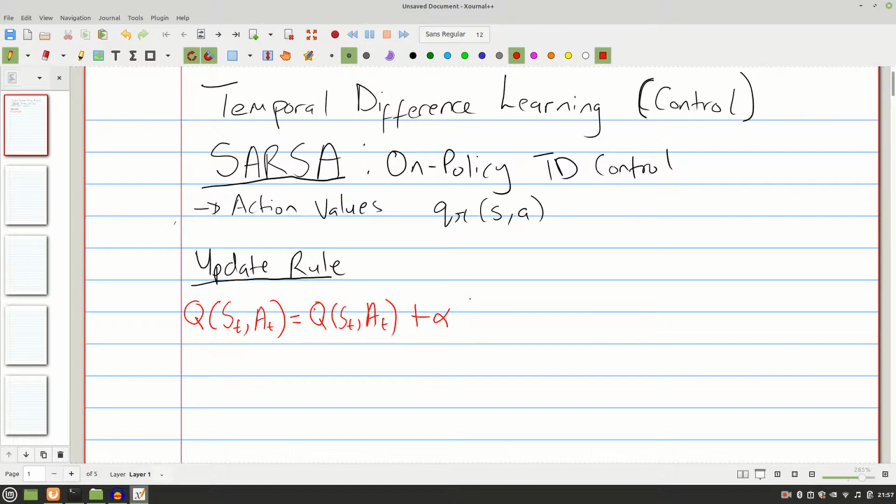If you remember, alpha is just our learning rate in this case. Remember also from constant alpha Monte Carlo. So we add alpha times R_{t+1} plus gamma, which is our discount term, times Q of S_{t+1}, A_{t+1}, minus Q of S_t, A_t.